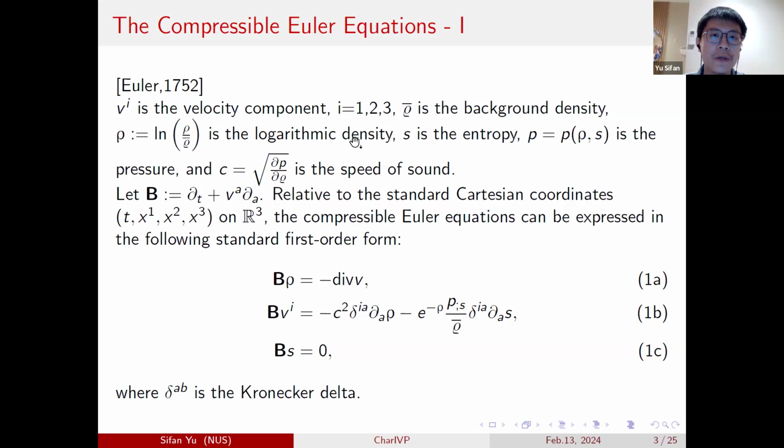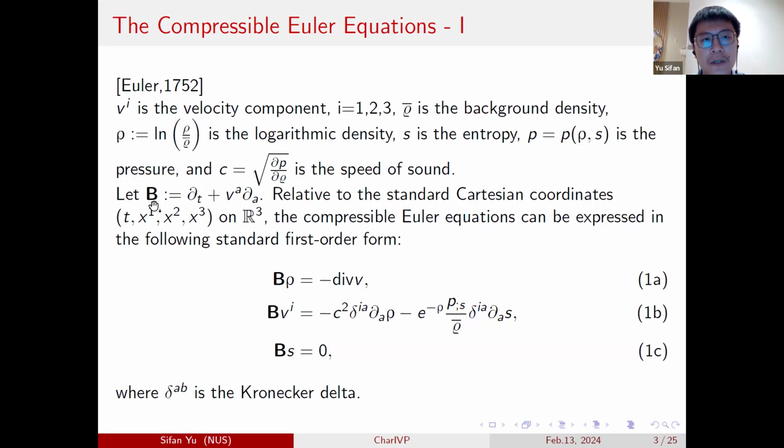Okay, so in this setting, you will have more variables than equations, so you need an extra assumption on pressure, which people call the equation of state, where pressure P is a function of density and entropy. Okay, and the speed of sound is defined in the standard way. And B is the material derivative.